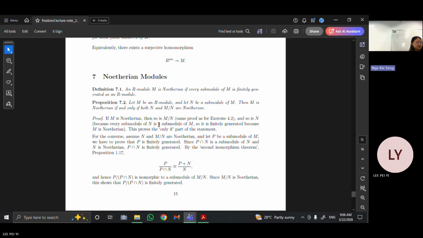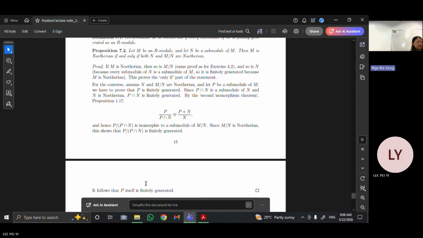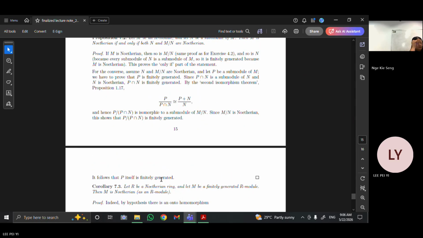Conversely, suppose N and M mod N are Noetherian, then we let P be a submodule of M. Then P intersect N is finitely generated because N is Noetherian, and by the second isomorphism theorem, P over P intersect N is isomorphic to P plus N over N. The right hand side is a submodule of M mod N, and since M mod N is Noetherian, it is finitely generated.